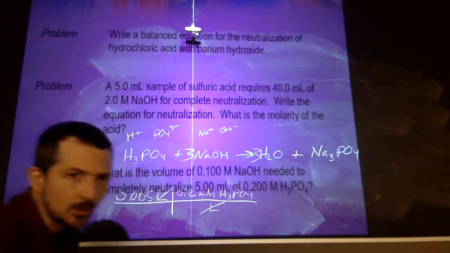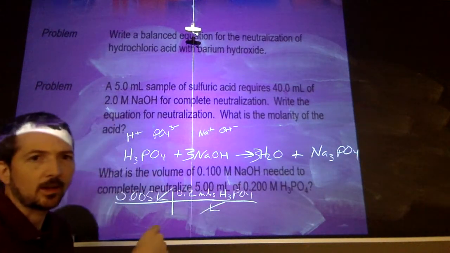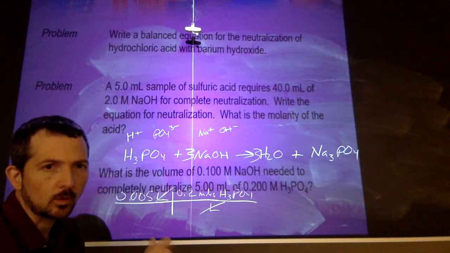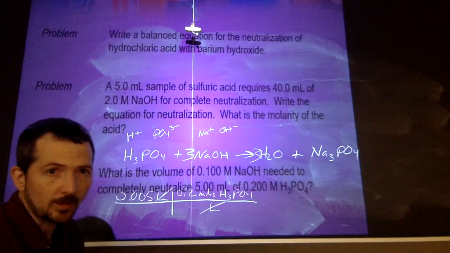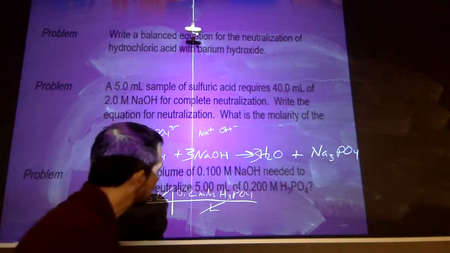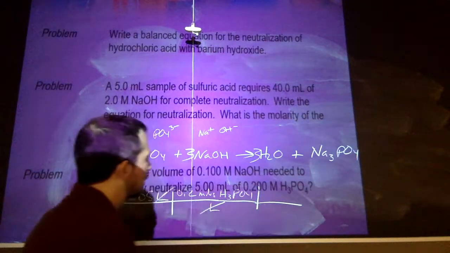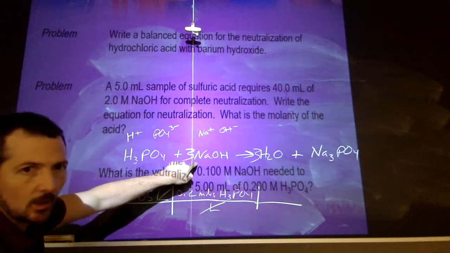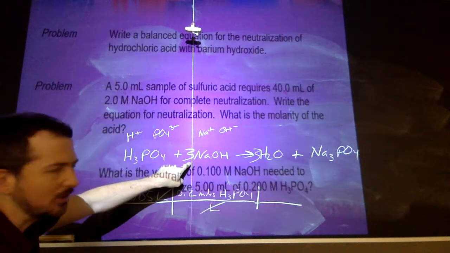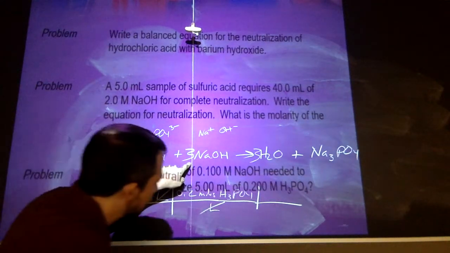Now I go to my balanced equation because I'm going from one thing I have, moles H3PO4, and I want to know about sodium hydroxide, so I need to go from one compound to another compound. So I'm using my balanced equation. So I want to go from H3PO4 to NaOH. So 1 mole of phosphoric acid requires 3 moles of sodium hydroxide.